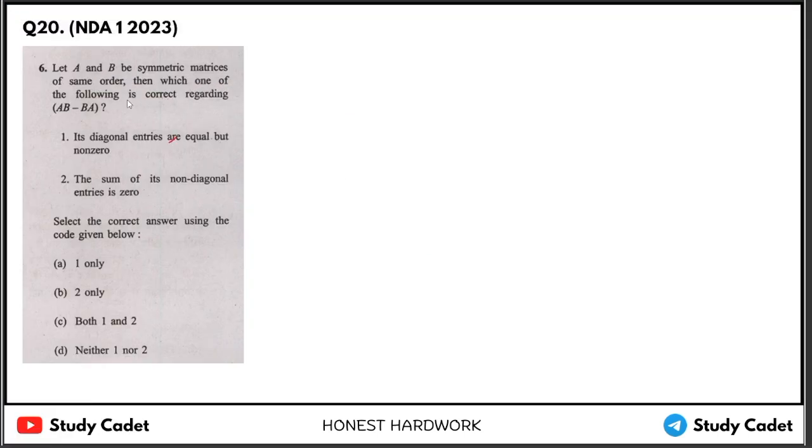AB and BA, symmetric matrices of the same order, regarding AB minus BA. If A and B are symmetric, then AB plus BA will be symmetric, and AB minus BA will be skew symmetric. Okay, you should know that.